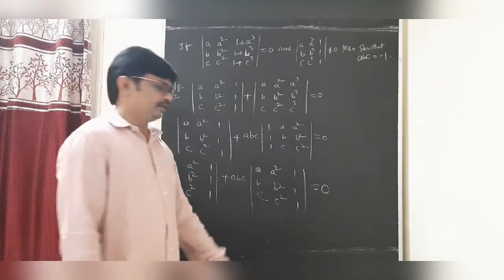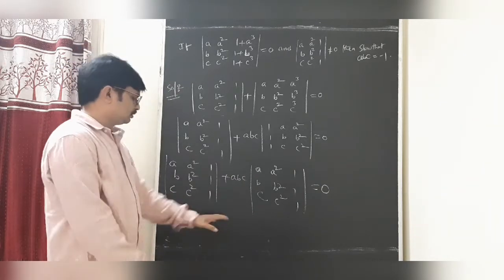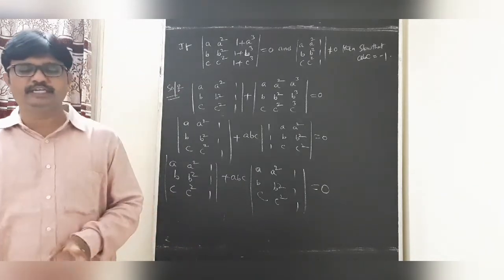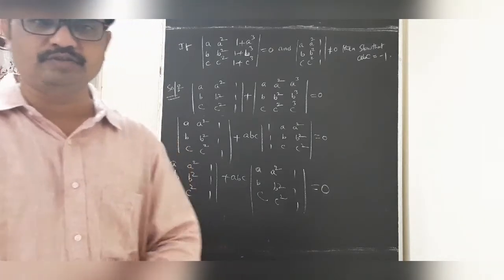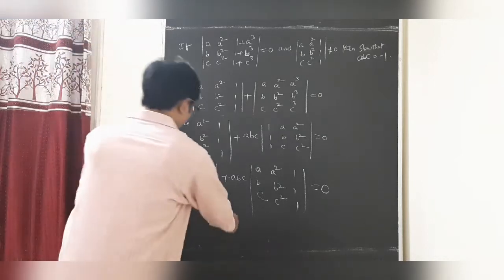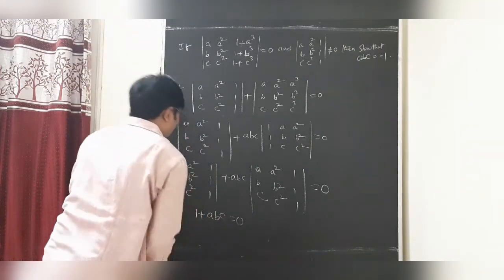When there is a common determinant, we divide both sides by the determinant of A square 1, B square 1, C square 1. So students, we get 1 plus ABC equal to 0.